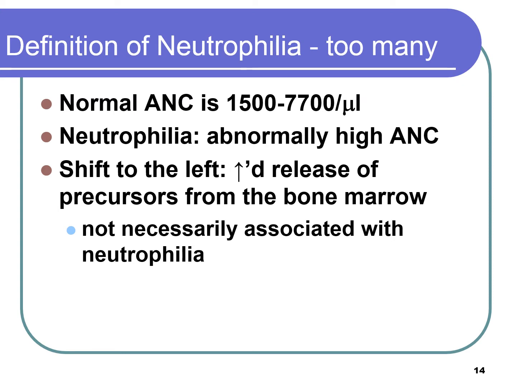Neutrophilia means that we have an abnormally high absolute neutrophil count. It may be in the form of a shift to the left, just an increase in the release of the precursors from the bone marrow, and it may not necessarily be associated with neutrophilia.